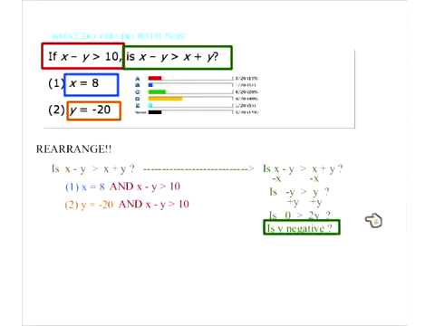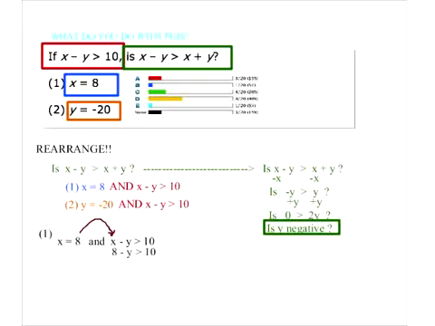All right, so the real question to answer here is whether y is negative or not. So statement 1, you've got x equals 8 and x minus y is greater than 10. So you can just substitute 8 for x. So 8 minus y is greater than 10.